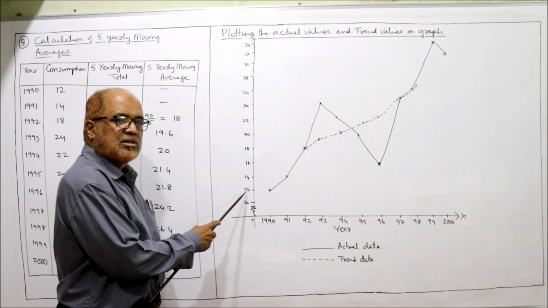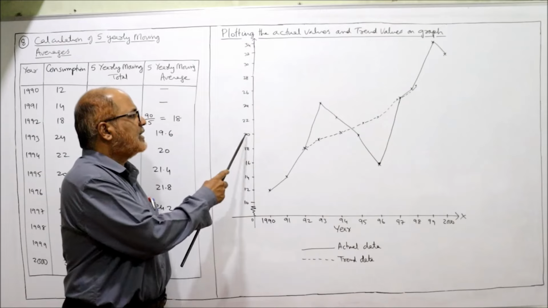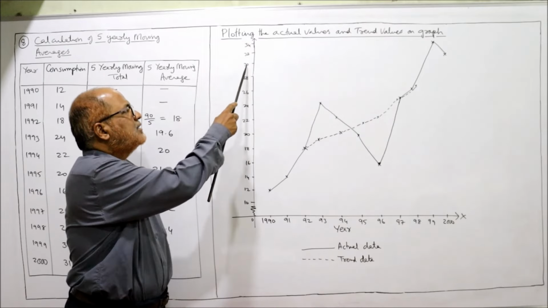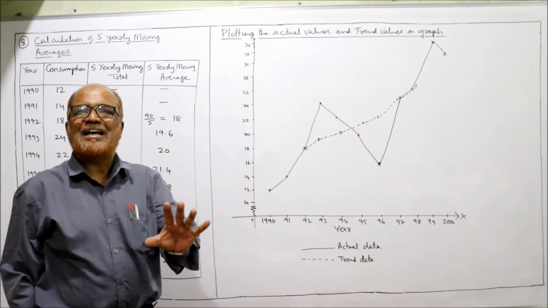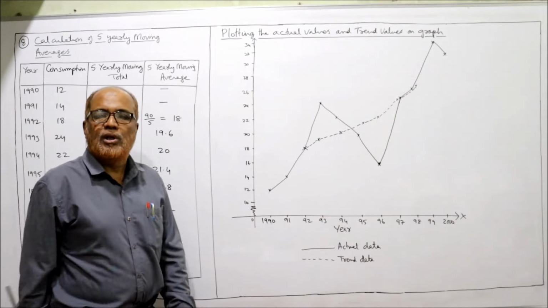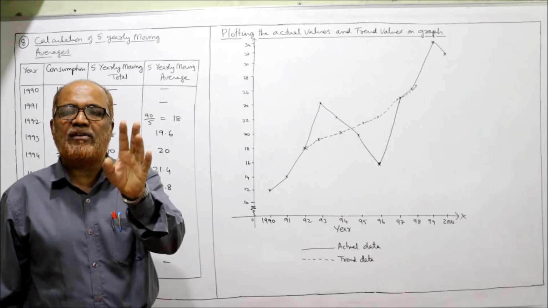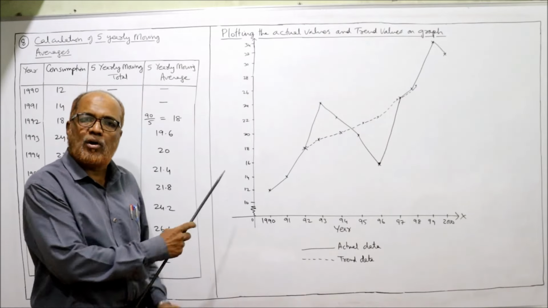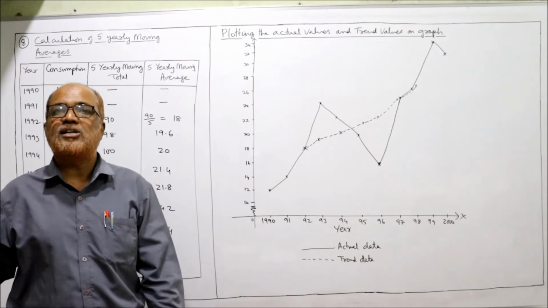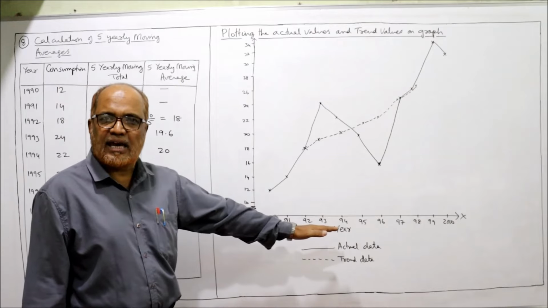So 10 plus 2, 12, 14, 16, 18, 20, 22, 24, 26, 28, 30, 32, 34. The highest value is 34, so we are getting up to 34. On the y-axis, 1 centimeter is equal to 2 units and we begin from 10, because the lowest value in the given data is 12. So we have taken the scale for the y-axis and x-axis.